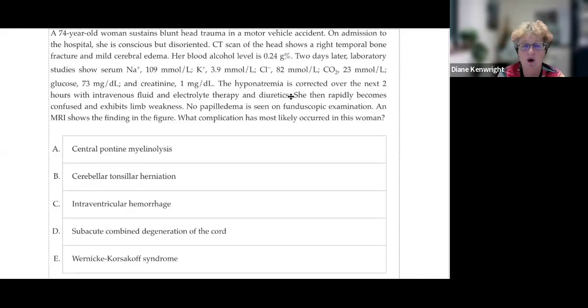They get central pontine myelinolysis. Okay, so this is what happens. She then becomes confused and has limb weakness. So she's got central pontine myelinolysis, and you can't come back from that. So it's a warning about chemical pathology and correcting people's sodiums slowly.